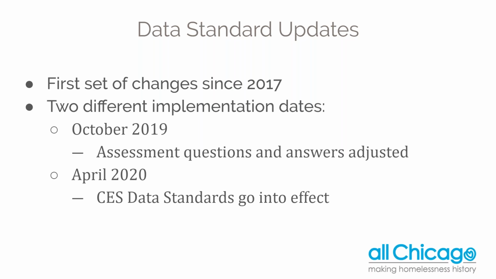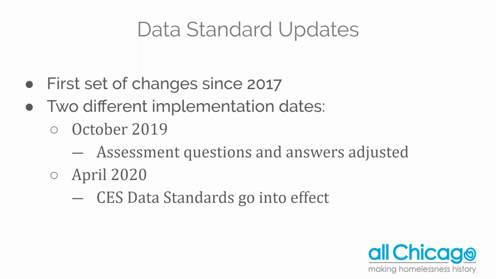And then we also have another implementation date for data standards on April 1st, 2020, and that's when CES data standards go into effect. HUD has not released the reporting requirements on the CES standards or some of the data elements that we're going to be tracking, and how they want those data elements collected, or at least reported out on.